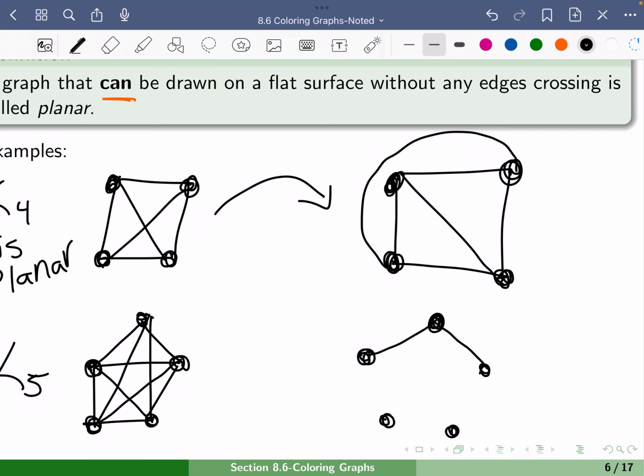So we could draw this out here. We could draw in here, from here to here, from here to here. We still need an edge from this point to this point. If we go on the inside, we'll cross those lines. So let's go out and around.